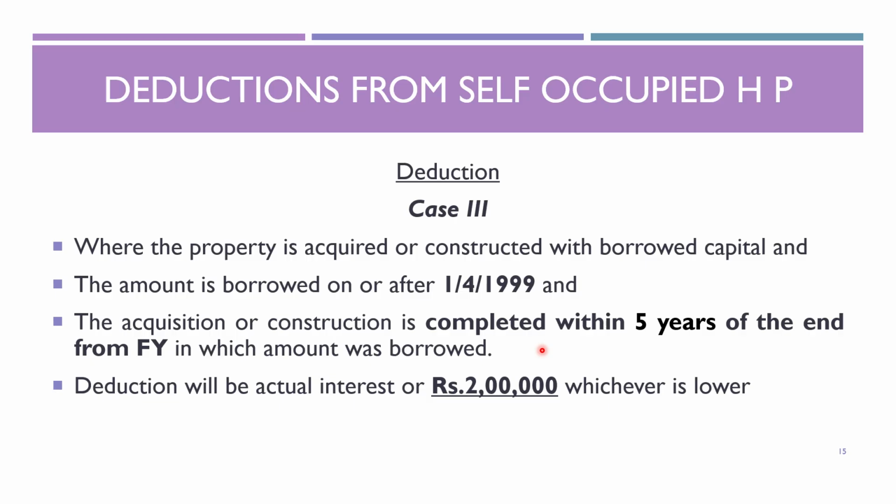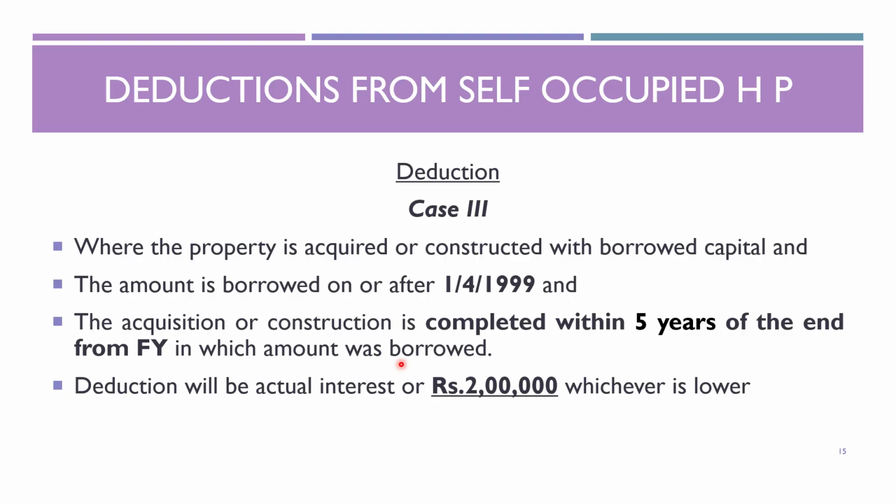There is one more condition attached for claiming this interest. What is it? You have to complete the construction or acquisition of that house property within 5 years from the end of the financial year in which the amount was borrowed. Assume you borrowed on 1st of August 2020.